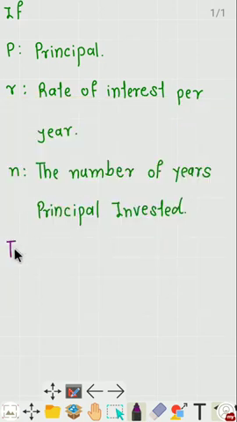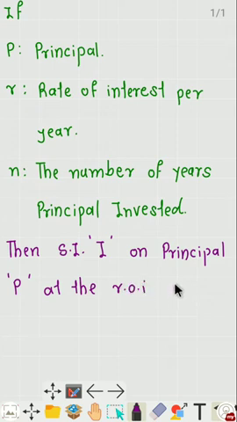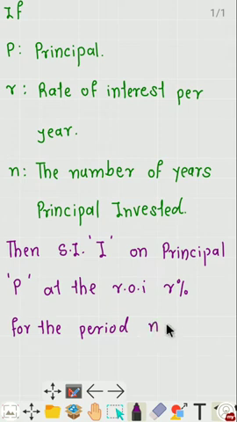The simple interest, let us call it SI, means simple interest I, on principal capital P, at the rate of interest R%, for the period of n years. N is in years.